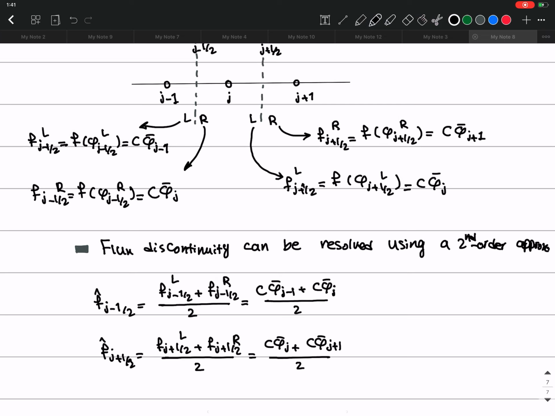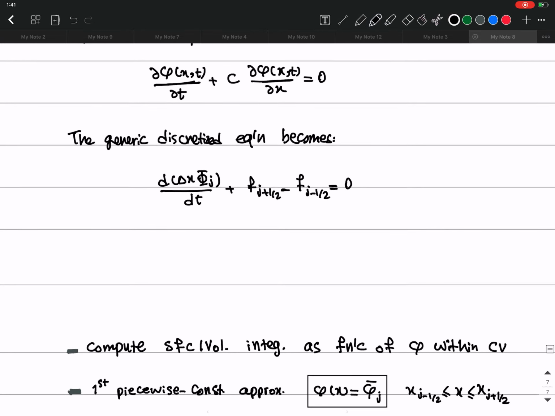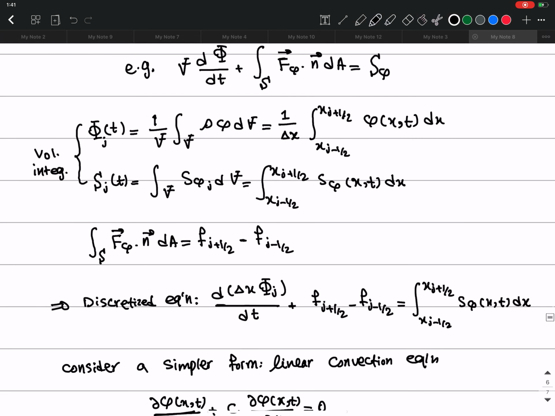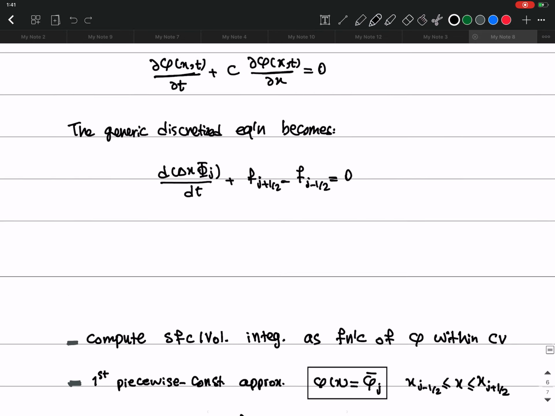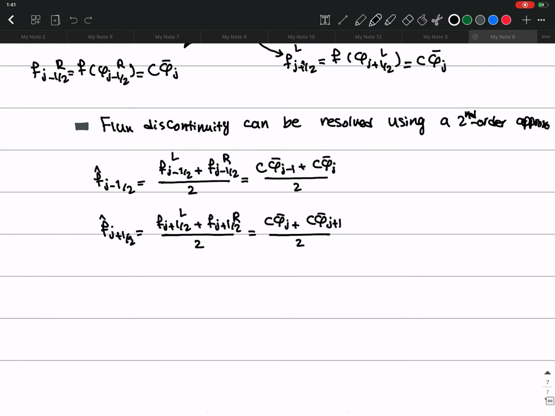We can resolve it by that, and then the fluxes are going to be represented like this. And now we have everything. So we have the fluxes, we have the volume integrals, this one, and this one is going to be 0 for this example, so I'm just going to neglect that.